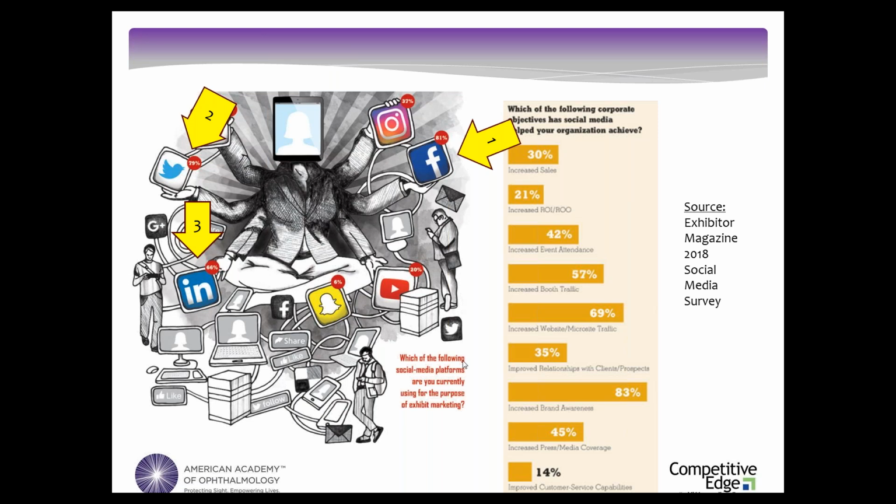If you look at the bar graph here, number 1 was brand awareness. 83% felt it was helping drive brand awareness up. Number 2 was increased traffic to either their website or a microsite, with 69%. And number 3, which really excites me, 57%, it had a very strong hand in driving booth traffic.